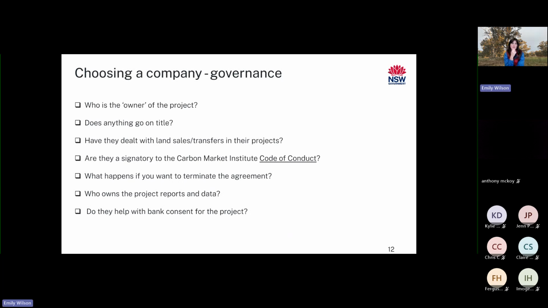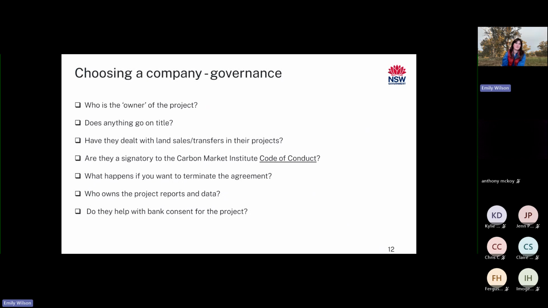Ask whether anything goes on title and whether they've dealt with any land sales or land transfers within their projects. A really important one is whether they're a signatory to the Carbon Market Institute Code of Conduct. That's the independent industry body for the carbon market, and they have a code of conduct that has best practice. So you want a company who's committed to that.